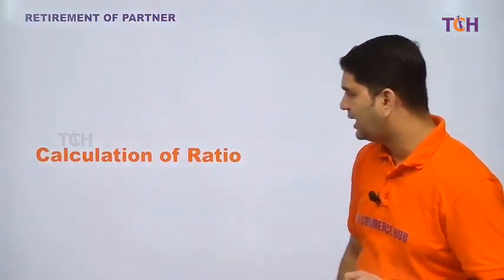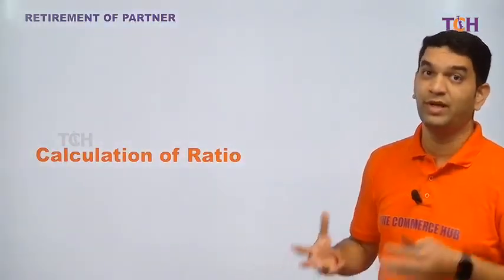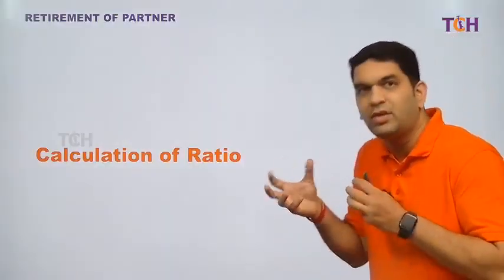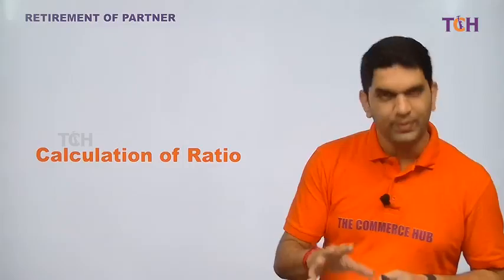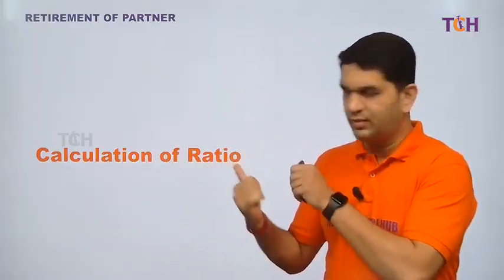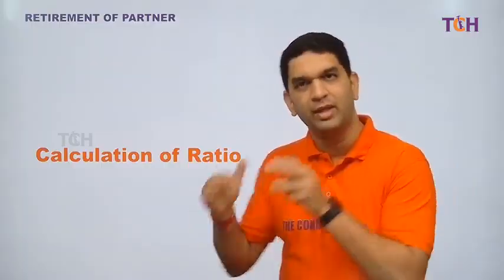Now, calculation of ratios. Let us understand this very well. We are done with the undistributed accumulated part. Let us understand calculation of ratios. Like we have discussed in admission of partner, there are certain ratios. In retirement as well, we're going to have certain ratios. Please understand, again I'm reminding you, retirement of a partner is going to be the base theory for your death of partner chapter as well. Whatever we are learning right now will be the same for death of partner.